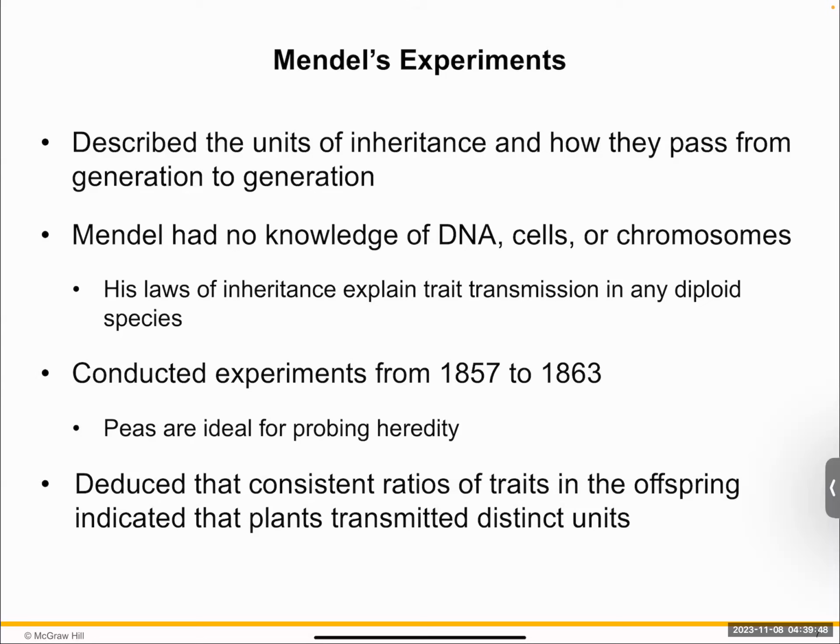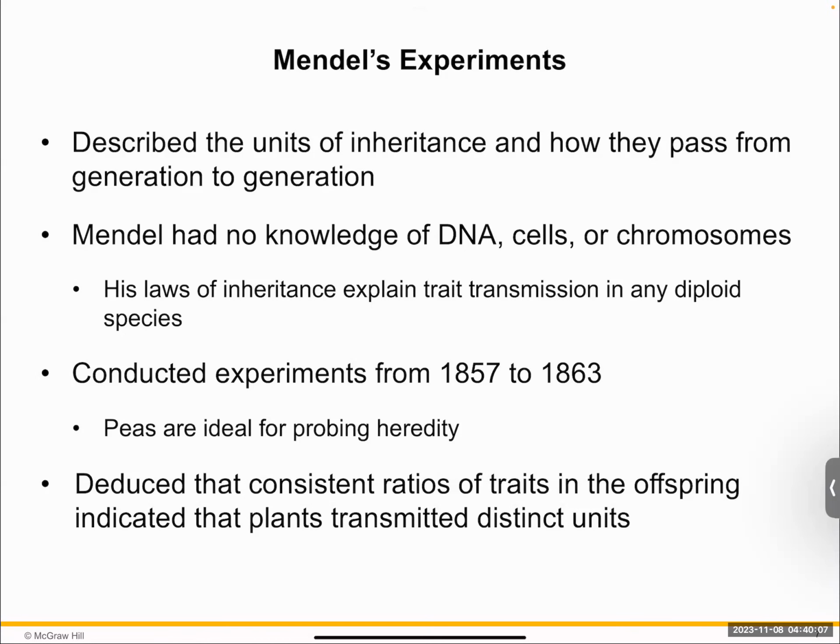If you recall, the concepts of DNA, the double helix, and inheritance started to come into play later in the 20th century. So he didn't really understand what DNA, cells, or chromosomes even were.